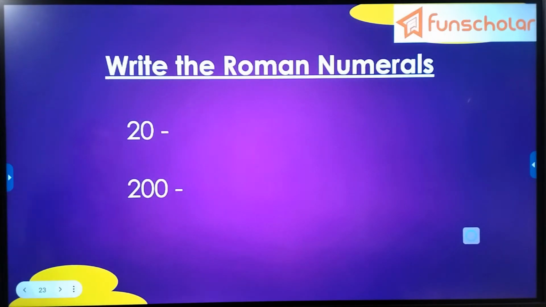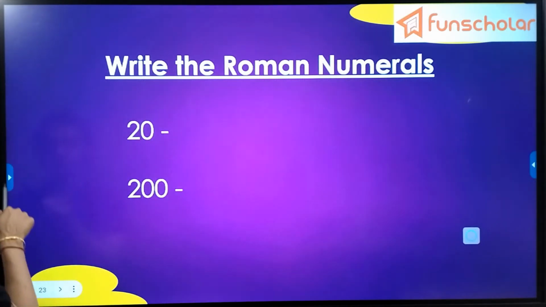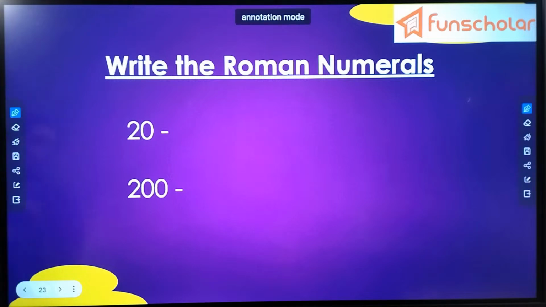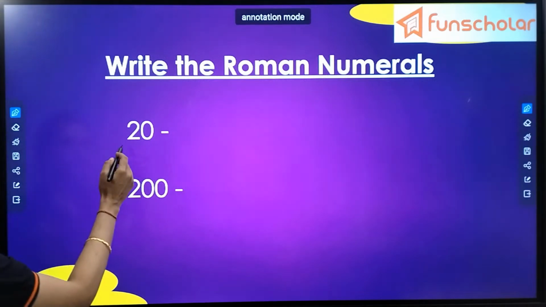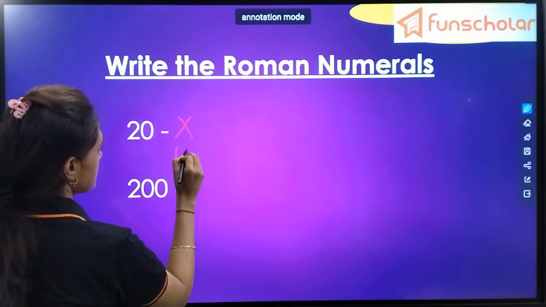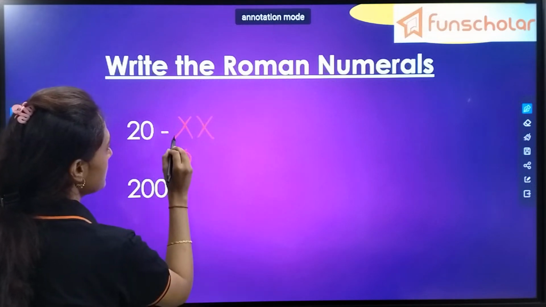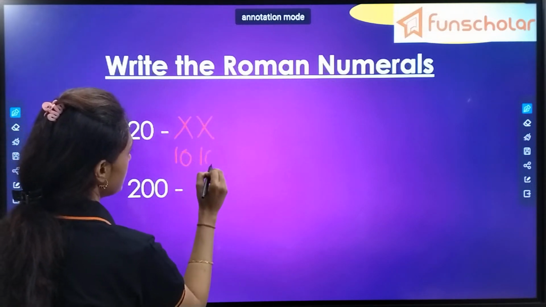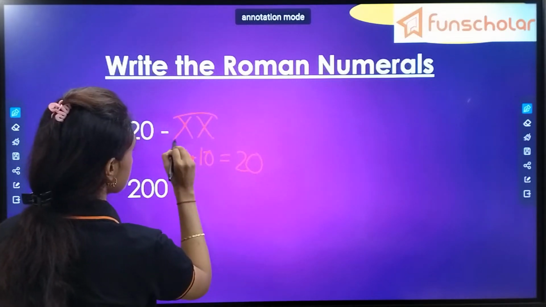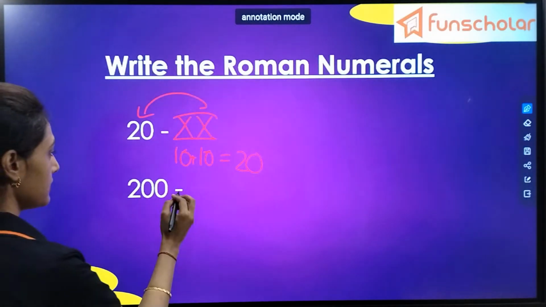Now, they have asked you to write these two numbers in Roman numerals. So just pause and try it yourself. Okay, it is written 20. If 1 X represents 10, then to make 20, you just put another 10 over here equal to 20, or XX represents what? 20. Now 200.